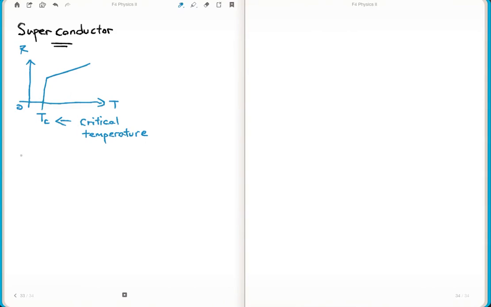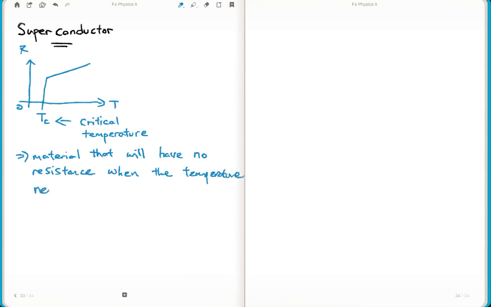It is a kind of material, a ceramic material actually, that will have no resistance, typically no resistance, when the temperature reaches the critical temperature.